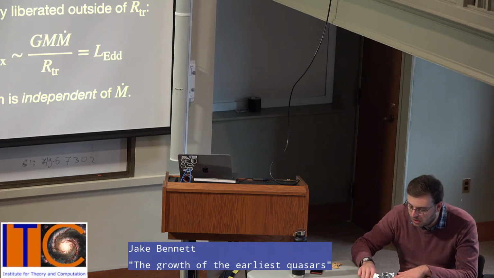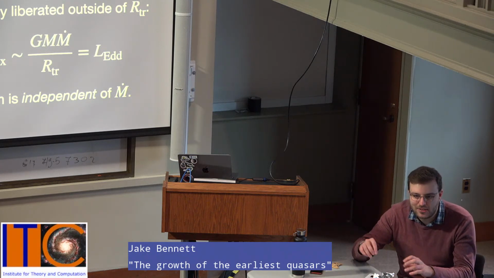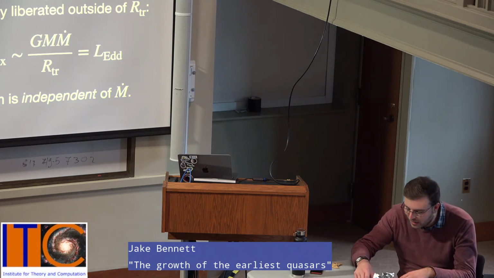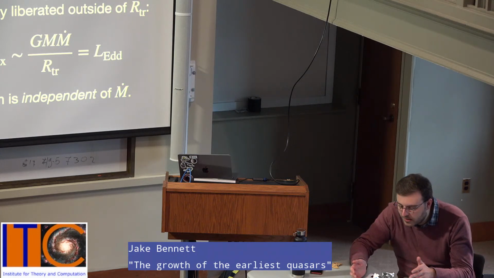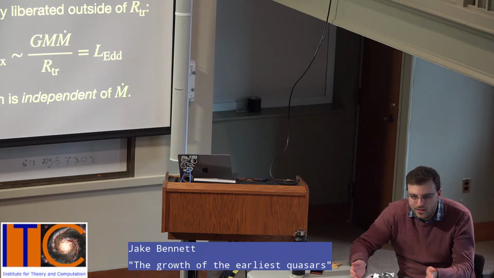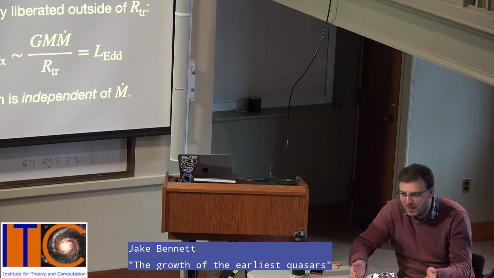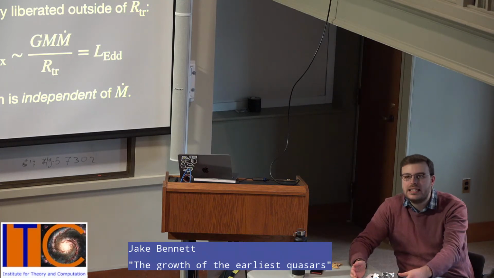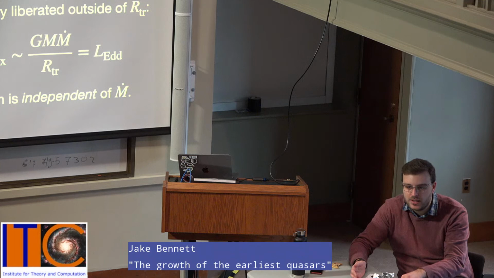Looking at 10 to the 5, for example, a fiducial heavy mass seed, with LISA we would be able to detect mergers between these with a signal to noise of 200 out to redshift 20. So in theory this will tell us quite a lot about the early growth of these black holes, because of the actual mergers between them.